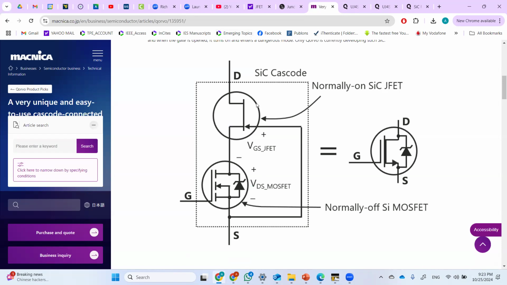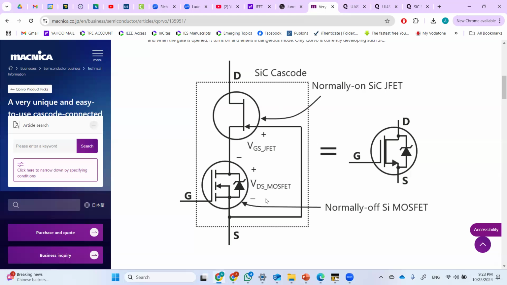So here is our JFET, and this is made of silicon carbide. This can be connected in series with a MOSFET. So what is the benefit? The benefit is this JFET is normally on. Normally on means at 0 gate pulse, it would be turned on.